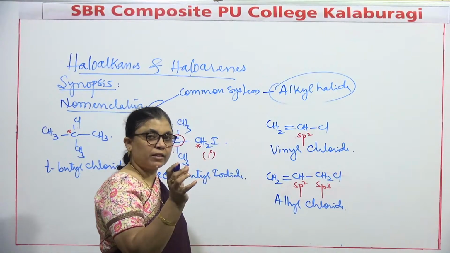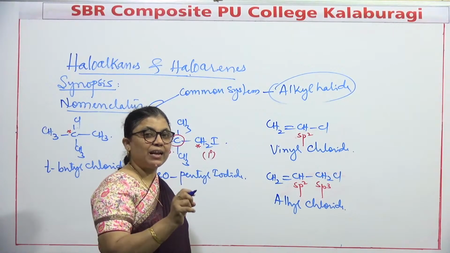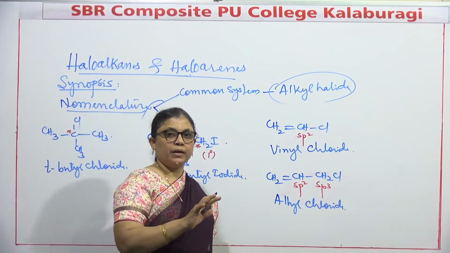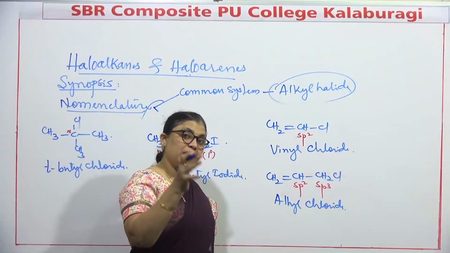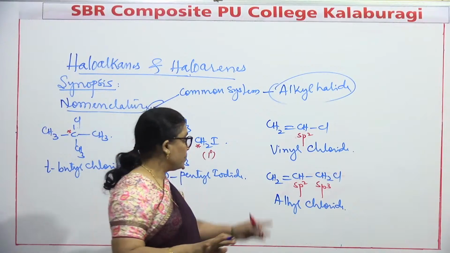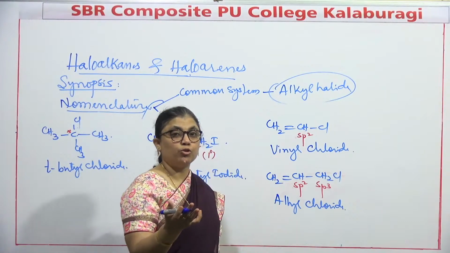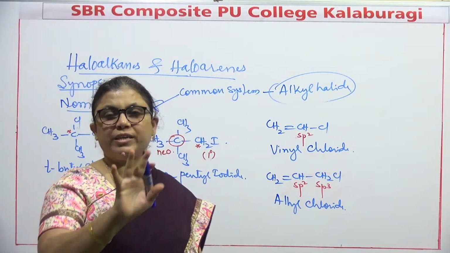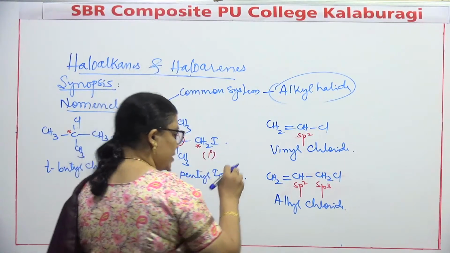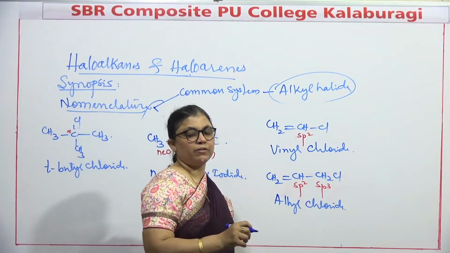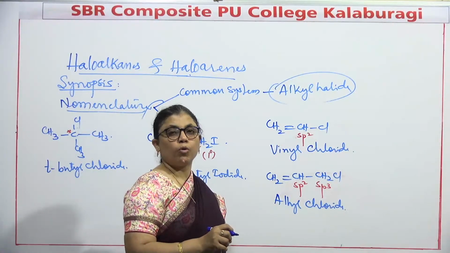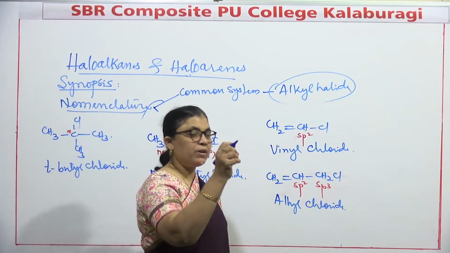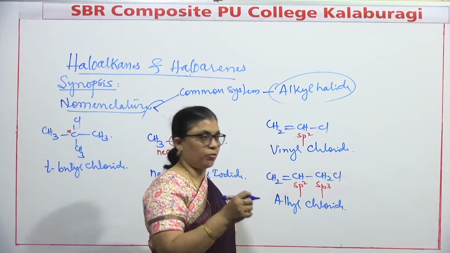So in general, vinyl and allyl are common system names. When we go for IUPAC nomenclature, we answer based on rules, but vinyl and allyl don't have any rule. They only say that whenever the halide-containing carbon is sp2, it is vinyl. When the halide-containing carbon is sp3 but the next carbon atom is sp2, it is allyl.